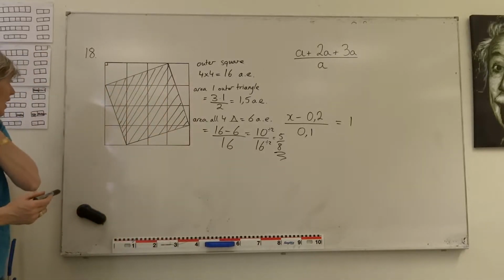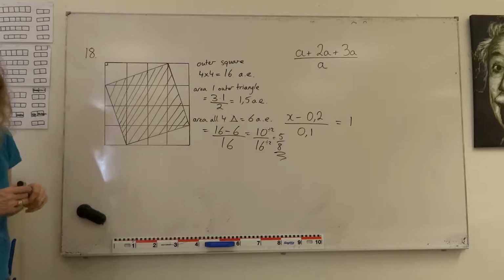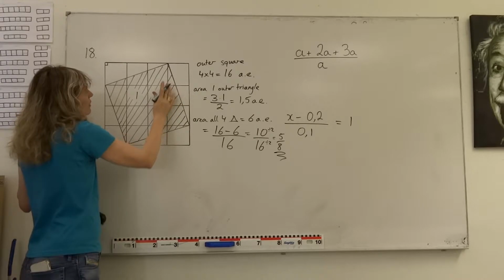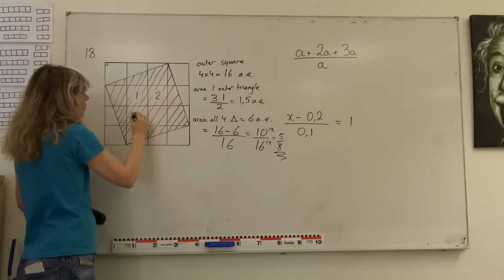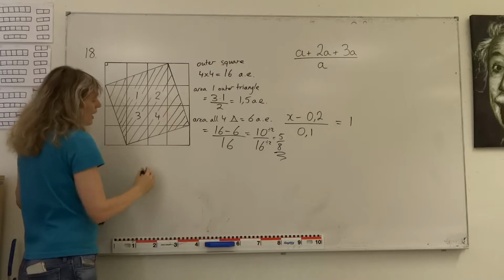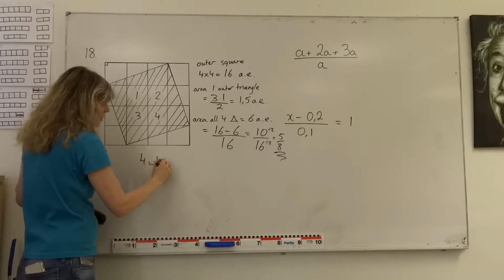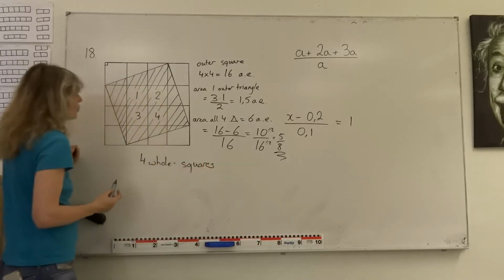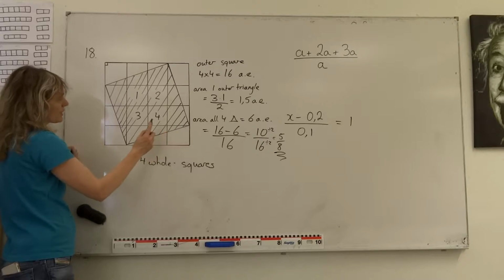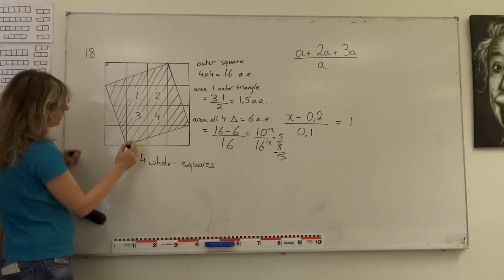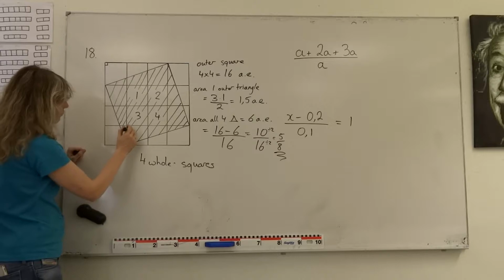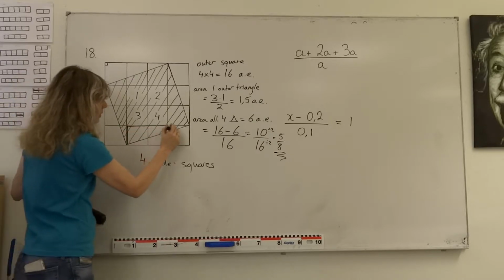Another way is actually looking at the inner square by itself and thinking, okay, here we have one whole square, and here we have another whole square, and here we have 3, and here we have 4. So here we have 4 whole squares in the middle, plus 4 triangles. What's the area of this triangle here, if we take this triangle from here to here to here?